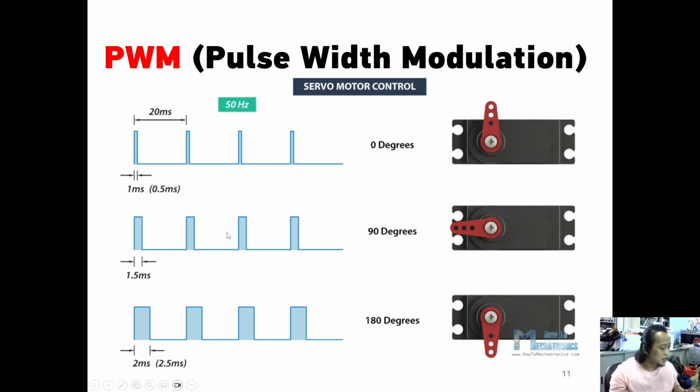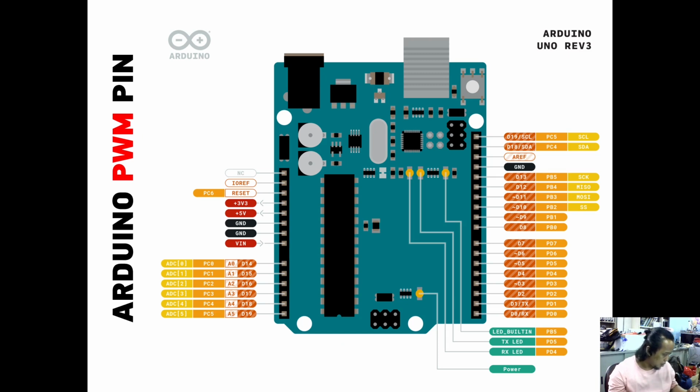So this is a little bit of theory about the servo motor. And because we will use the Arduino, not all pins of Arduino can be connected to control the servo motor.